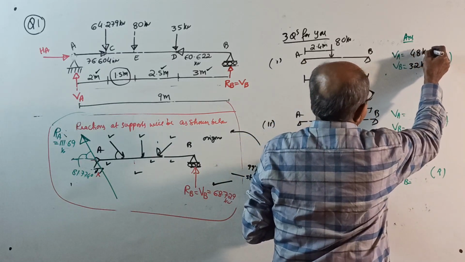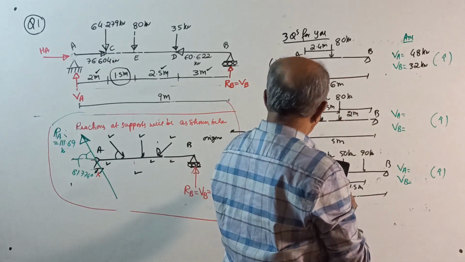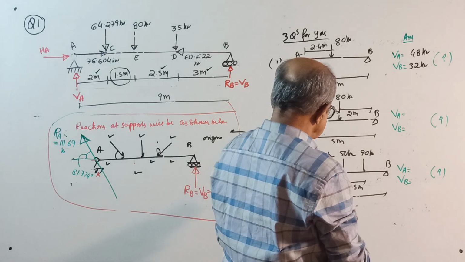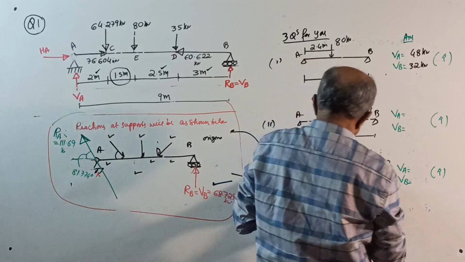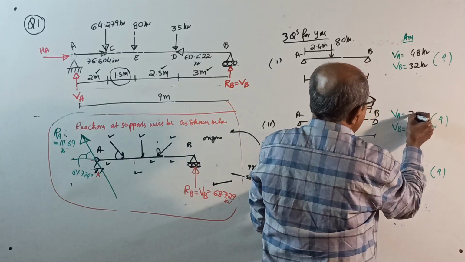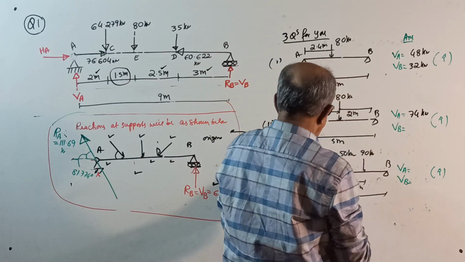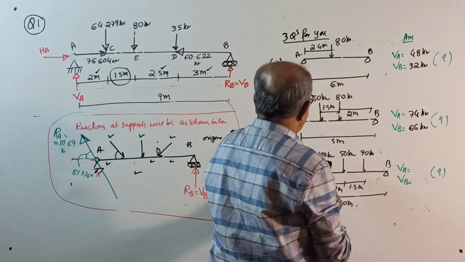I will give black color here. Divided by 5. 74 kilonewton, 66 kilonewton. Correct? I'll check once again.